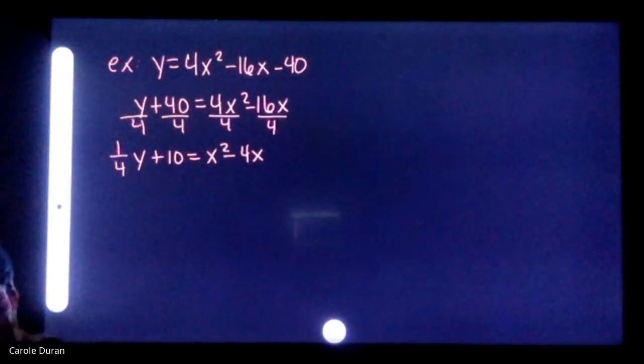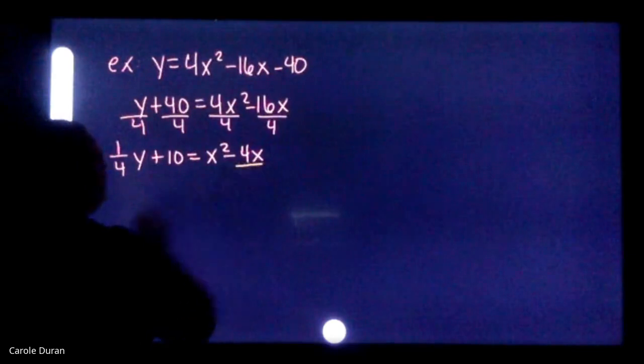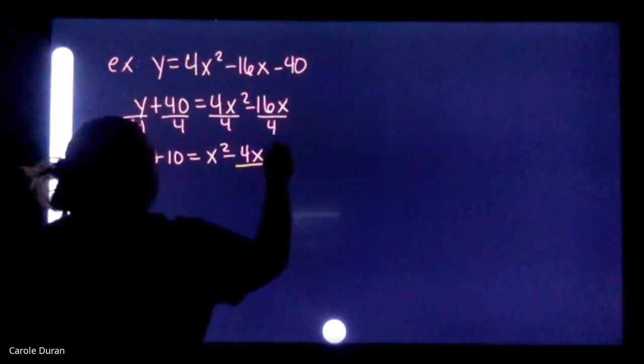Now there's no number attached to my x squared, so I can complete the square on that right-hand side. So I take my x term, I split it in half, and I square the answer. Negative 4 divided by 2 is negative 2. Negative 2 squared is 4.